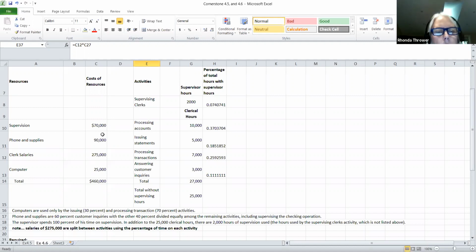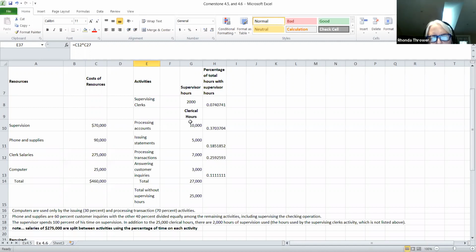So for supervision, the cost of the resources was $70,000. And this was given information right here: the supervision, the cost of resources, the activities, and the clerical hours were given.